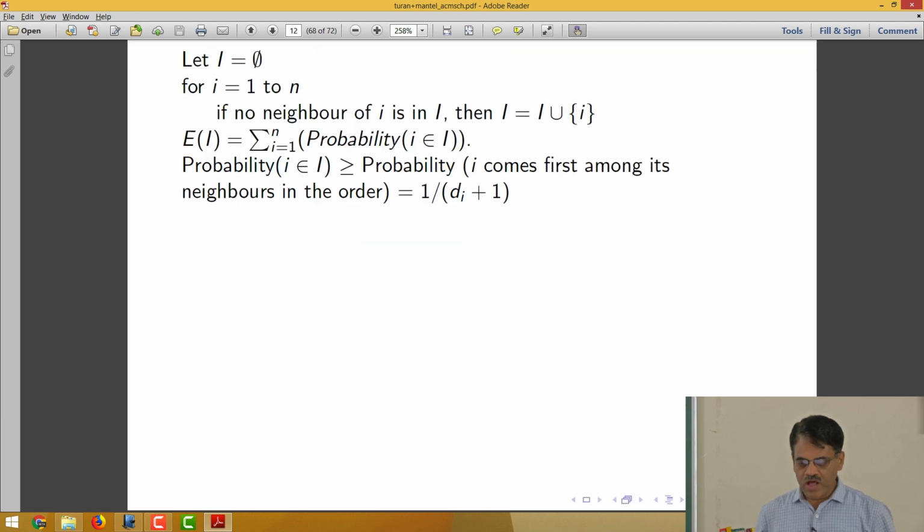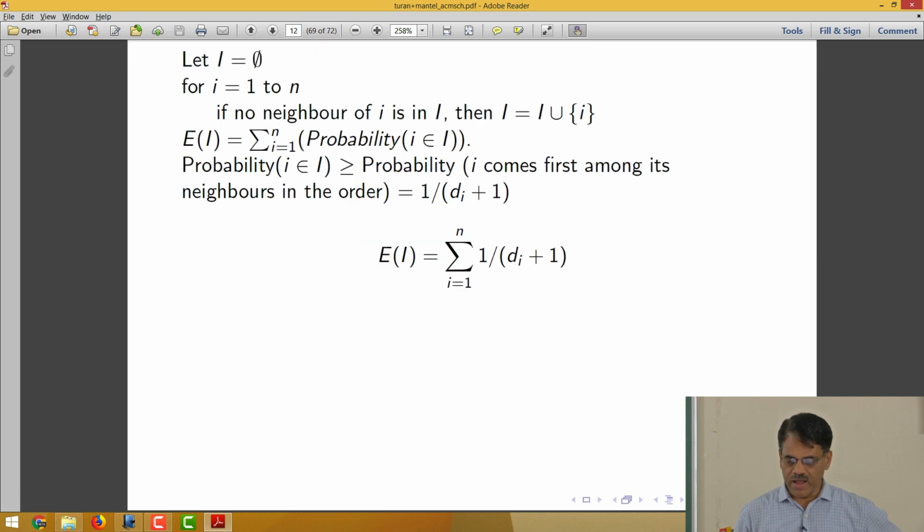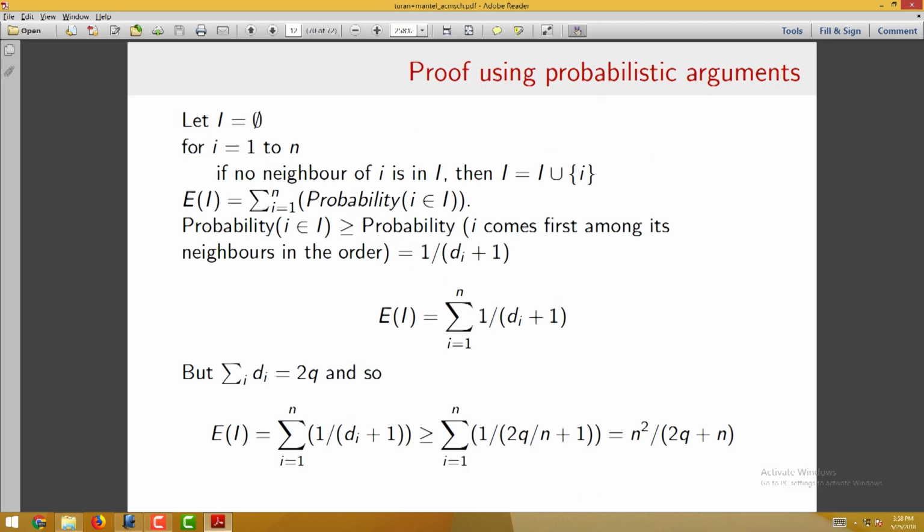Okay. So, my expected size of the independent set, which I get by this greedy algorithm, is actually, I should have a greater than or equal to here, because these probabilities are greater than or equal to, summation 1 by di plus 1, where di is the degree of vertex i. Again, by some inequality, this is minimized if all the degrees are equal.